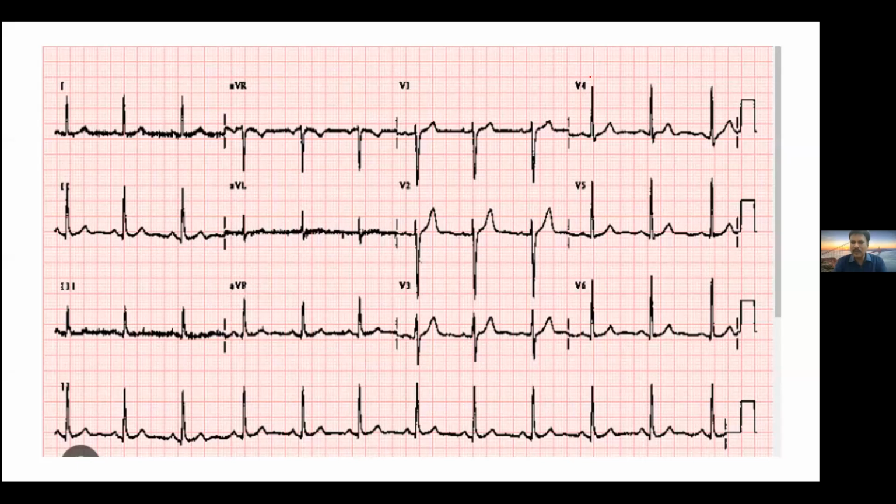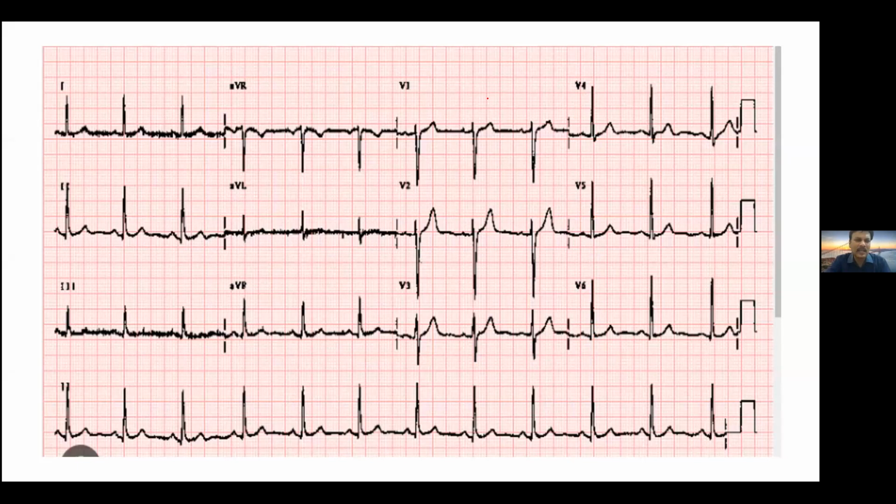The R wave for V4 is largely increased, and you are seeing a terminal small S wave. Whereas in V5 and V6, you see a small negativity to begin with. The small negativity is the left-to-right conduction in the intraventricular septum. This is how the QRS complex progression happens.